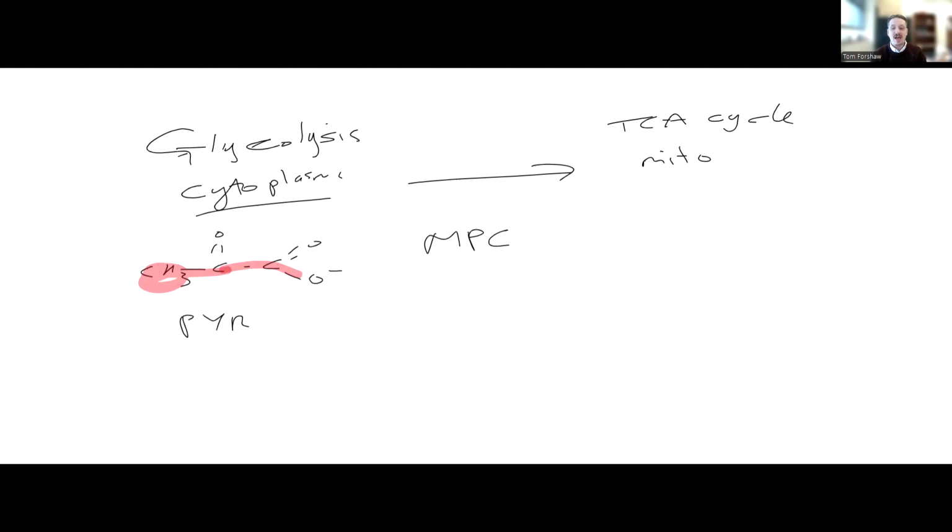And then there's going to be the reaction by the enzyme PDH, pyruvate dehydrogenase. And that's going to result in the loss of CO2. So if we have our pyruvic acid molecule, you can see that there's a really obvious CO2 that can come off.